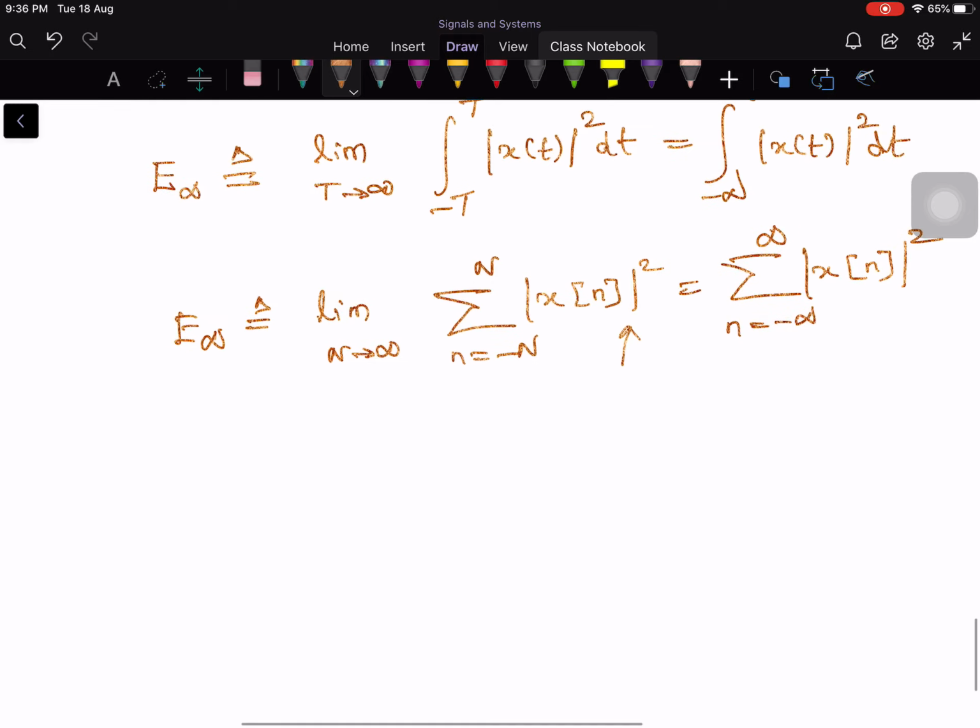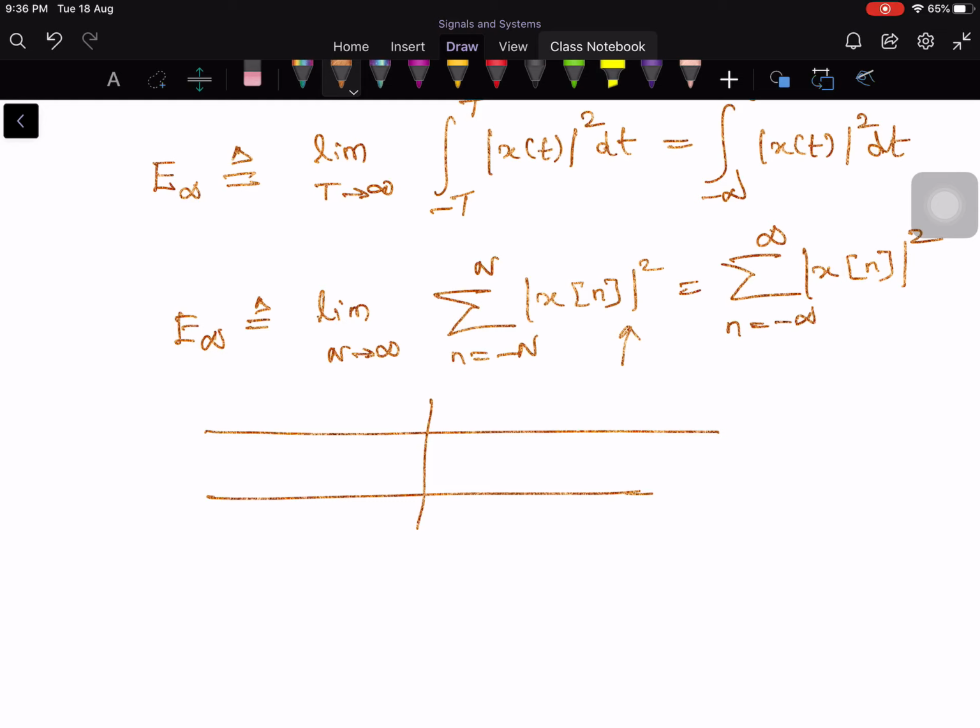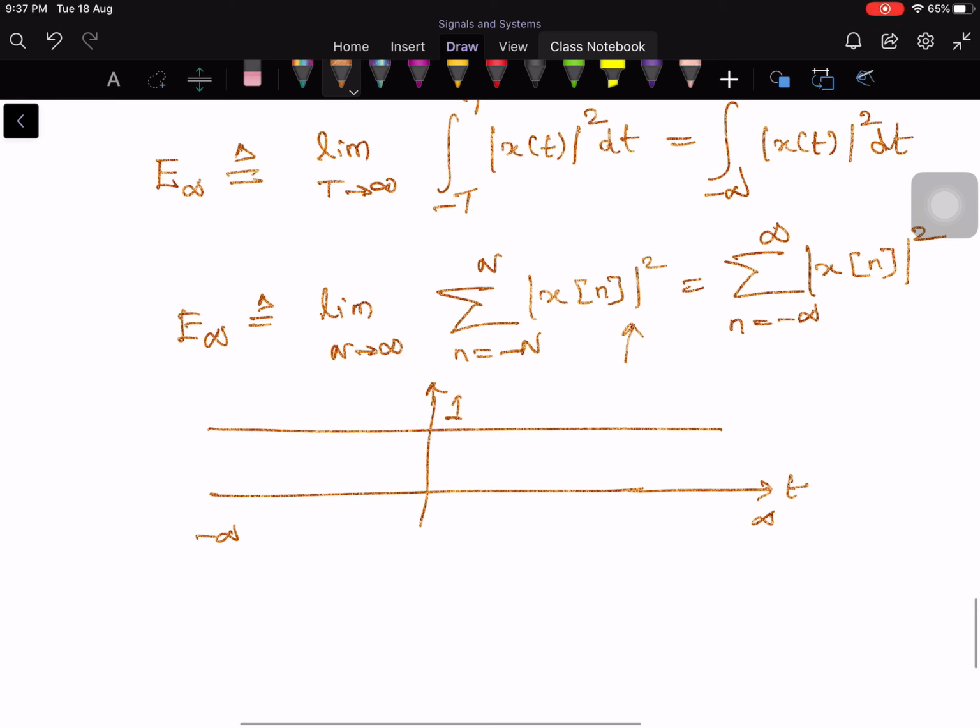For example, you take a signal like this. The signal is constant forever. It goes up to infinity and here also from minus infinity. Let's say the voltage is 1 volt. In this case, what is the energy of the signal? Because you are taking it over the infinite duration, the energy is infinite.